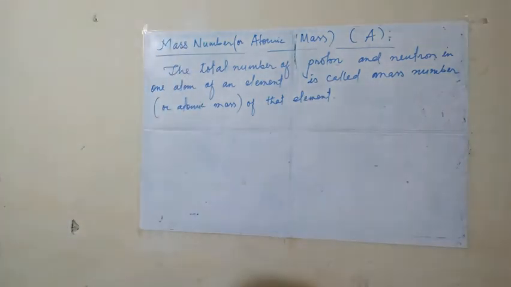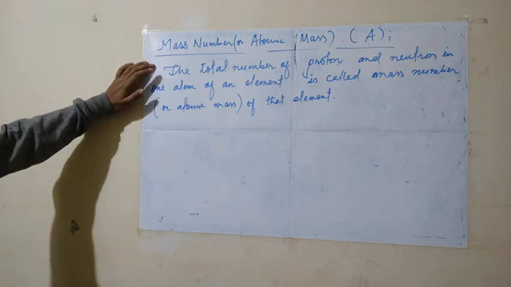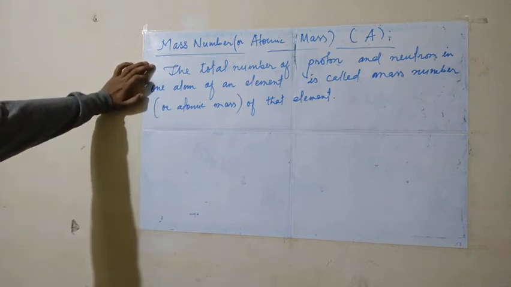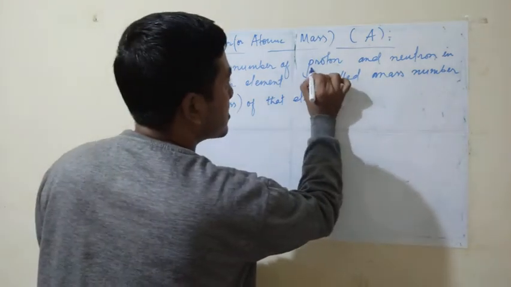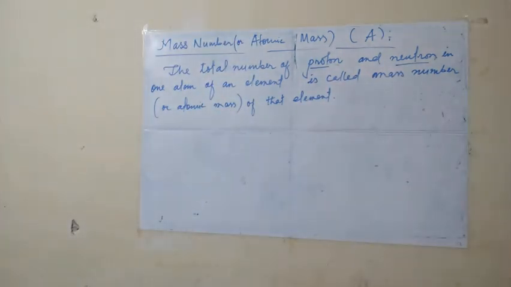Now look here, the total number of the protons and the neutrons in one atom of the element, the sum of the protons and neutrons in one atom of an element, is called mass number.